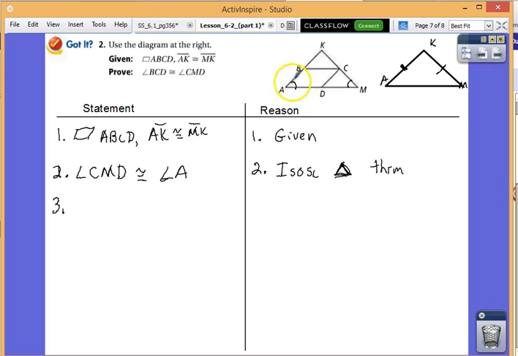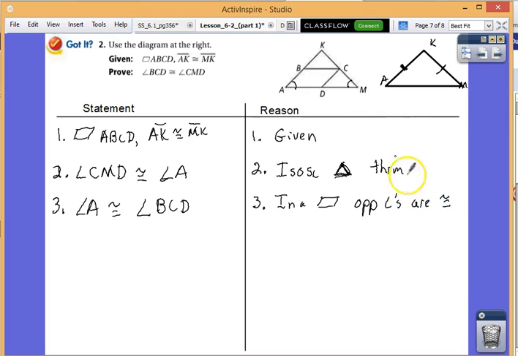Well, in a parallelogram, what do you know about opposite angles? They are congruent. Right. So I can say that angle A is congruent to angle BCD because in a parallelogram, opposite angles are congruent.